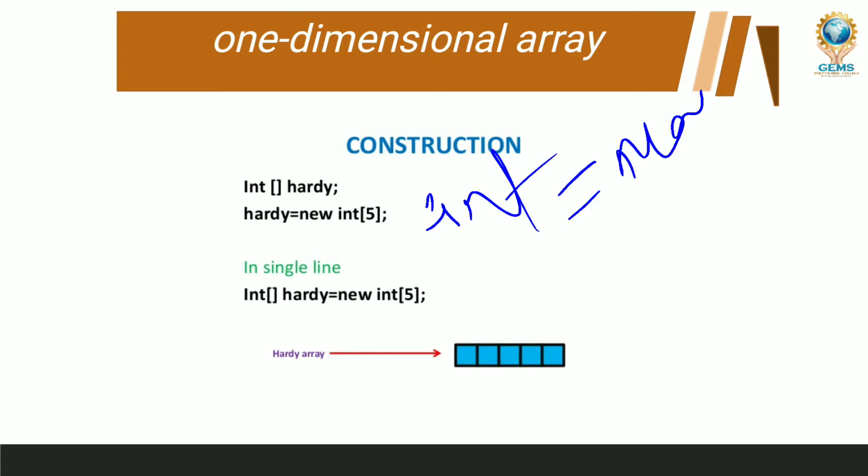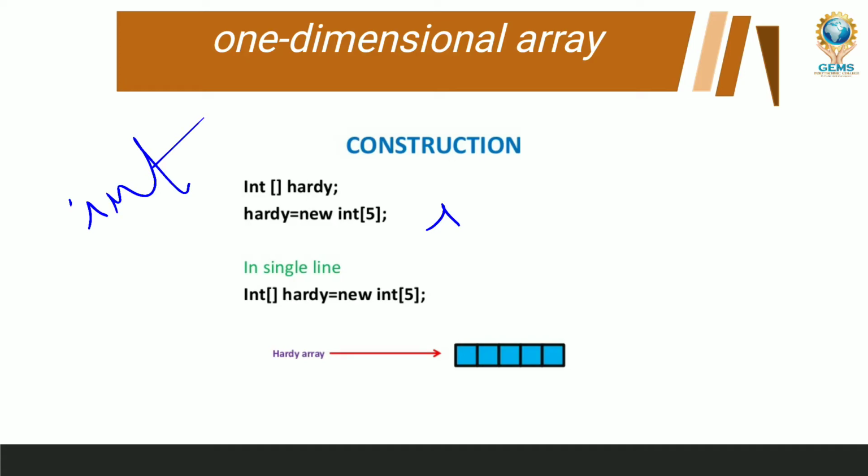We take the int data type, next the array name a, square braces, semicolon. This is array declaration.